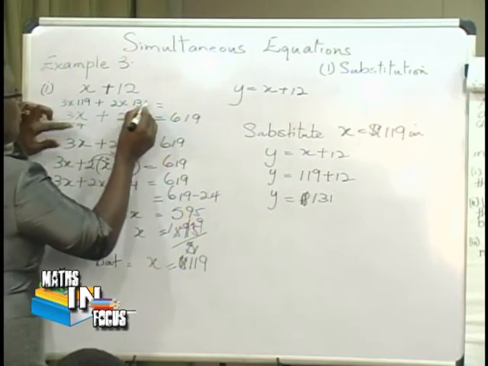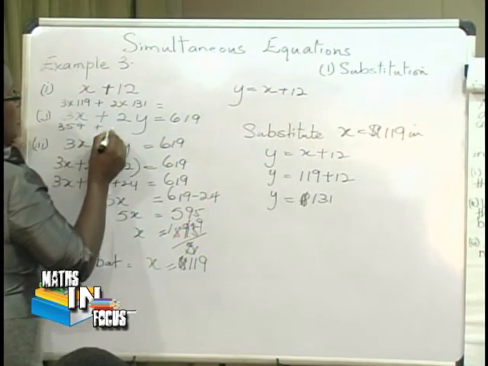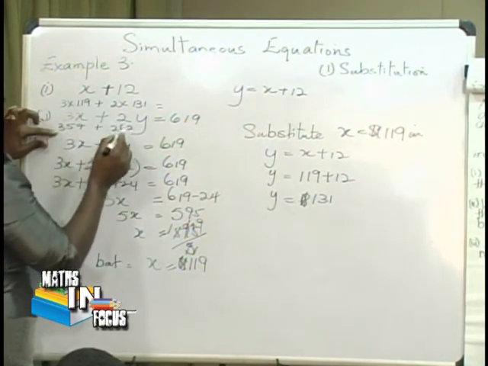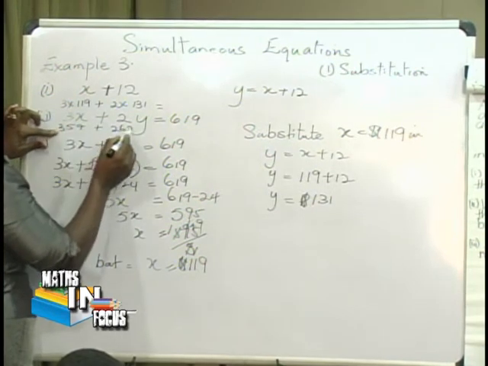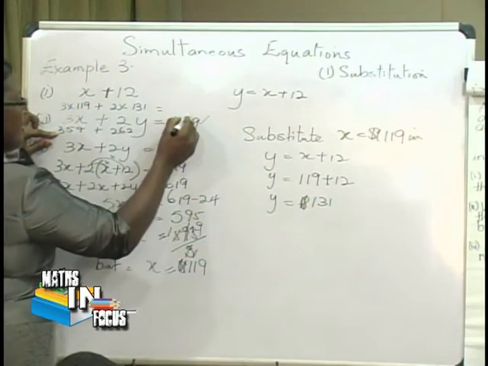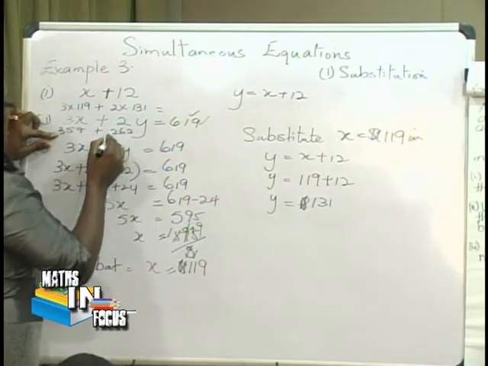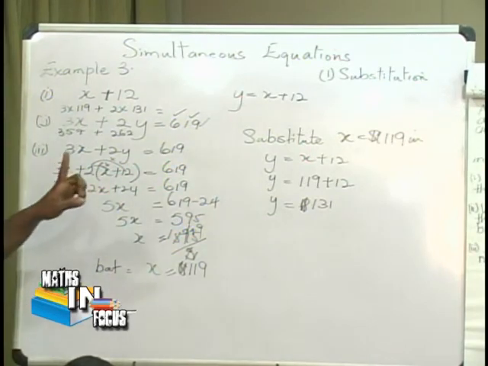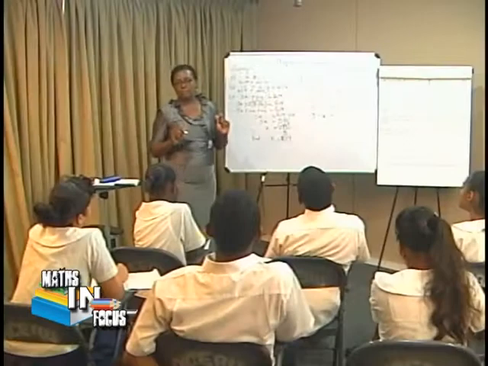And when we multiply 131 by 2, we have 262. When we add 262 to 357, 2 and 7, 9, 5 and 6, 11. The 1 and 2, 3 and 3 will give us 6. So we know our value satisfies that equation.